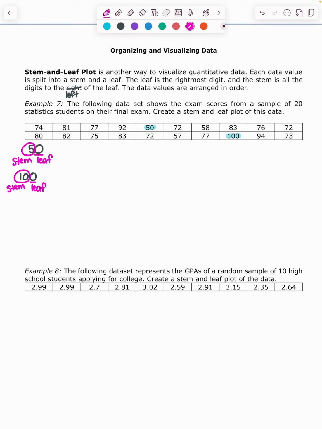So looking at this, I have a stem of a 5 and a stem of a 10, and that is my smallest number to my largest number. So I'm going to set up my chart. I'm going to start by drawing a line straight down the middle. I'm going to label the left side stem and the right side leaf.